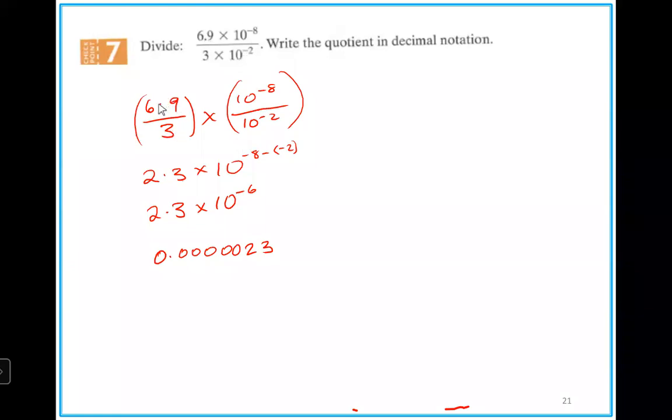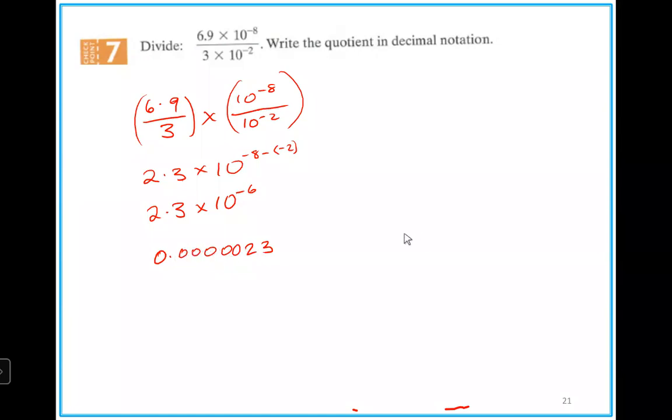When you divide 6.9 by 3, you get 2.3 here. And when you do this portion, you have to subtract the powers, so we get negative 6. Because this is a negative power, you move the point to the left 6 places: 1, 2, 3, 4, 5, 6.